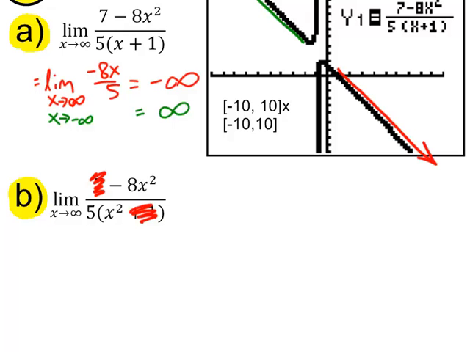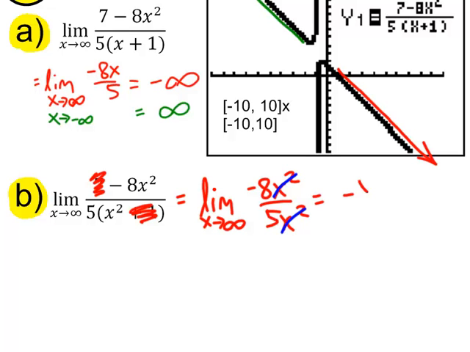And now we look at what we end up with, and we've got negative 8x squared over 5x squared, limit. And seeing that those x squareds really cancel out, we're going to end up with just negative 8/5. And that is the limit. We see that even if x had been approaching negative infinity instead, those x squareds still would have canceled out, and we still would get negative 8/5.